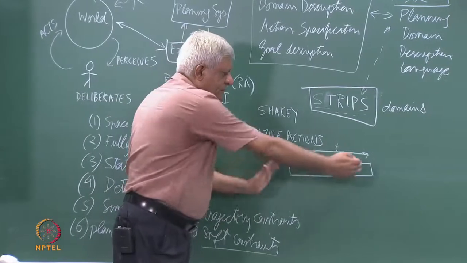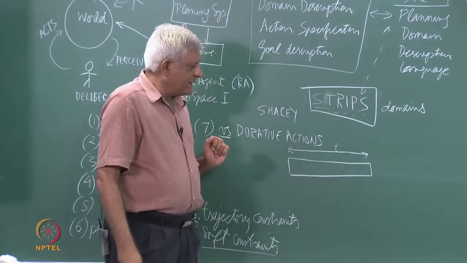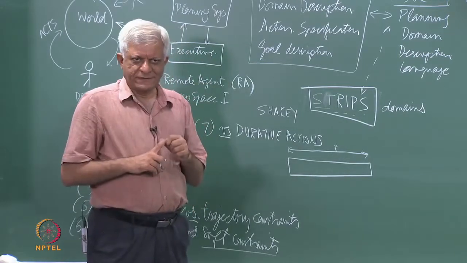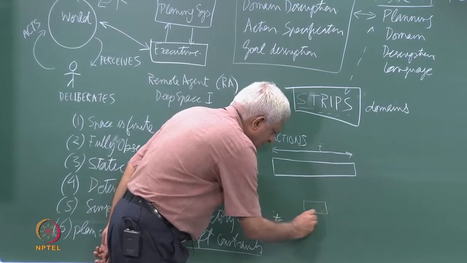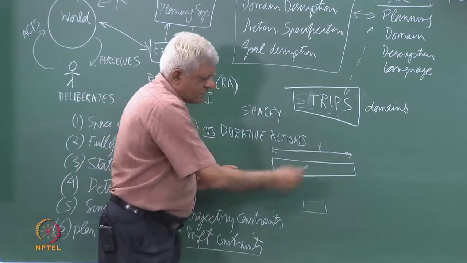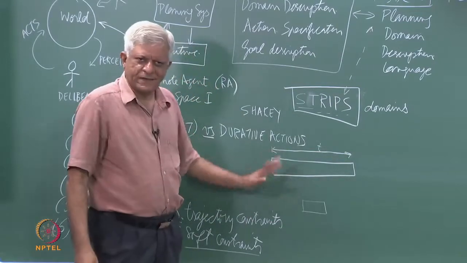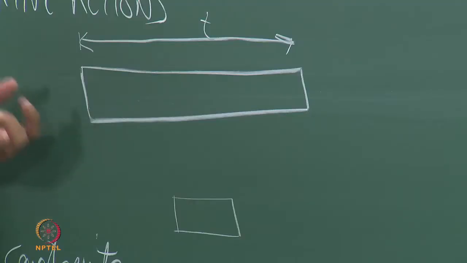So, the action is durative, it means it takes that much time, and you have one matchstick, and the matchstick can give you light for so much time. This is along the x axis. The y axis is meaningless, basically this is an interval over time.